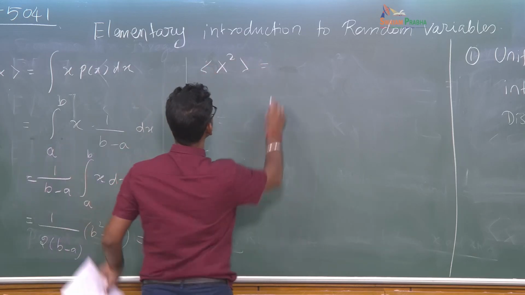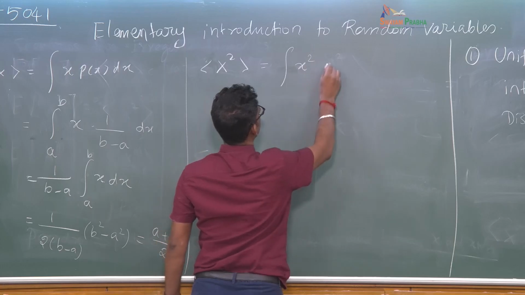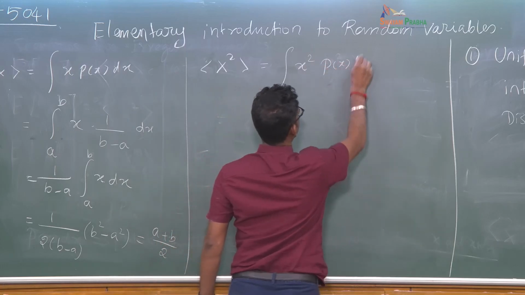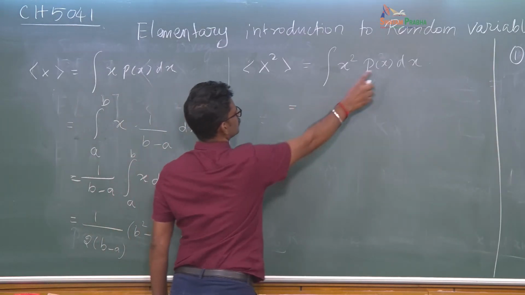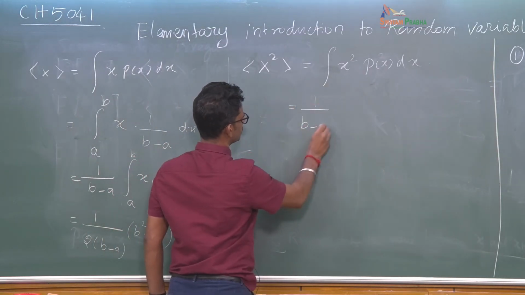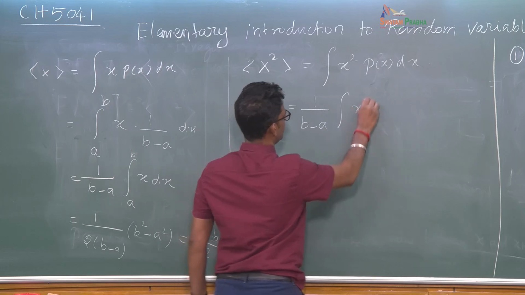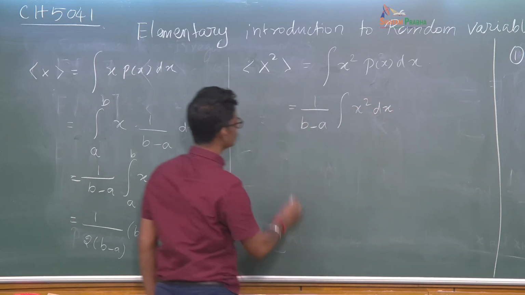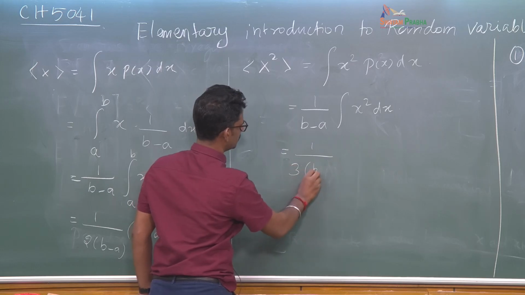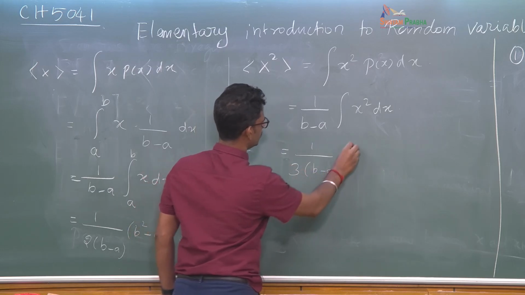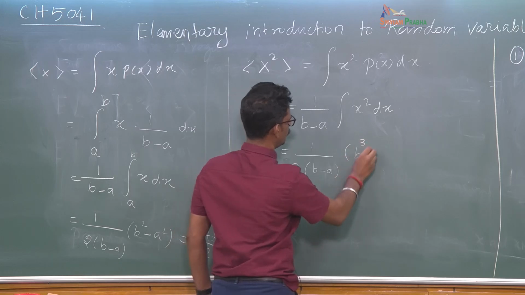From this formula, we get integral of x square p of x dx. So p of x is 1 by b minus a. We get x square dx, and then we get 1 by 3 times b minus a, times b cube minus a cube.